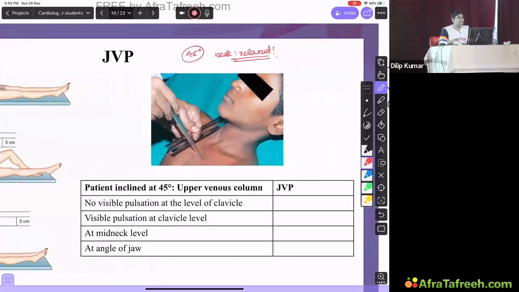To see the right IJV, many books will mention that you have to slightly turn the neck to the left, which is generally not needed. That's what is shown in this image, which is generally not required, because when you turn the head towards the left side, it might result in a probable stretching of the facial compartments, which can actually obliterate the JVP.